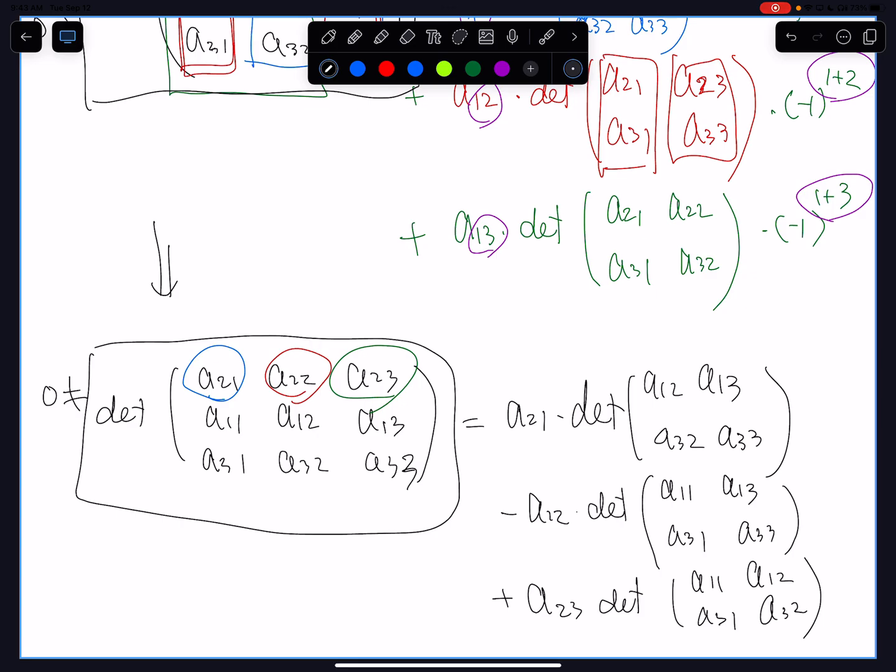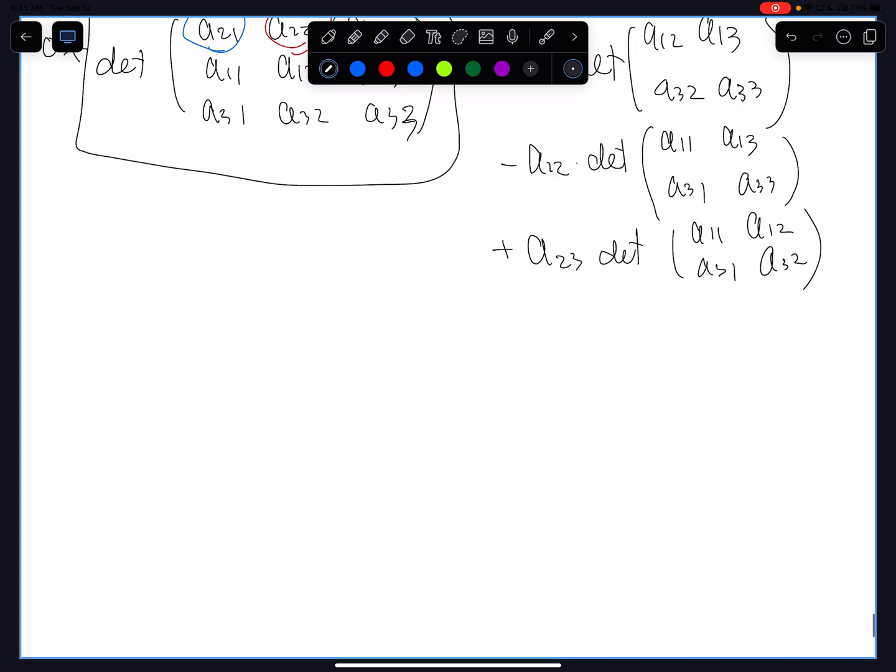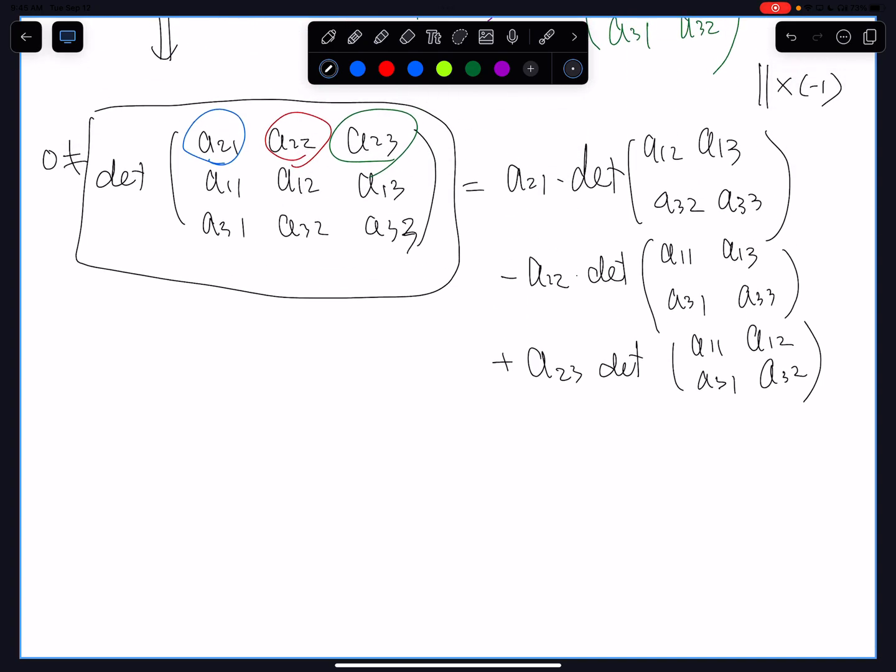They have to give you the same number except the sign, maybe. In fact, we can verify that this is the same as the above with the multiplication of a minus 1. If you expand all the determinants, you can show that very easily. So in general, the determinant of a matrix Aij.